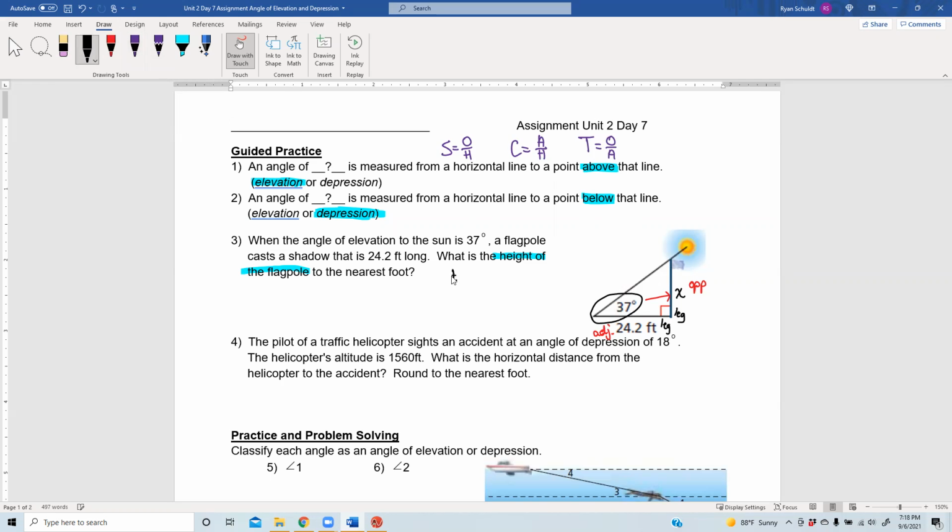So we're going to have the tangent of 37 is equal to the opposite, which we don't know, so we're going to call that x, over the adjacent, which is 24.2. Now we've got to solve for x. So multiply by 24.2 on both sides.